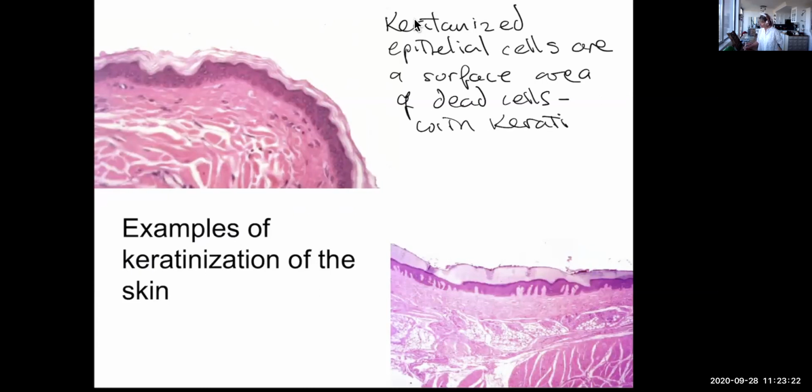Keratin is a kind of protein, and often the layer of dead cells, if you're looking at it under a microscope, is clear. Non-keratinized epithelial lacks that layer of dead cells.